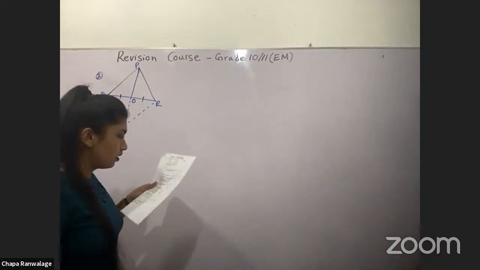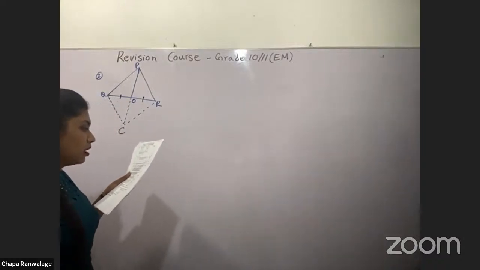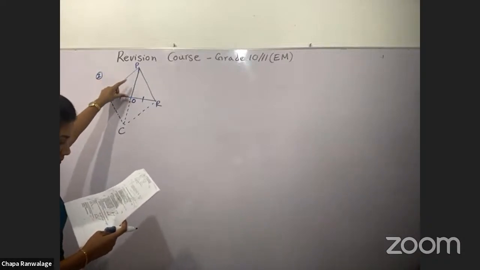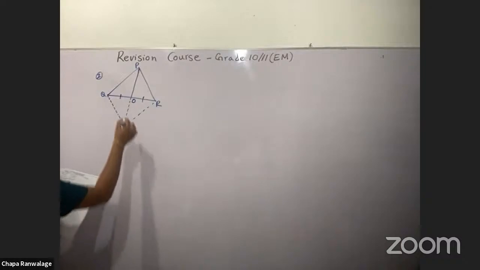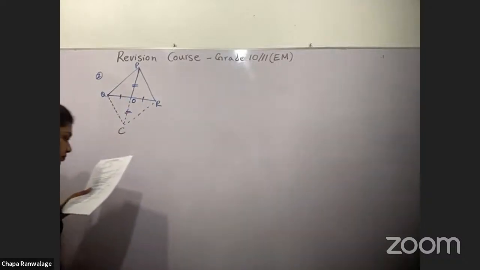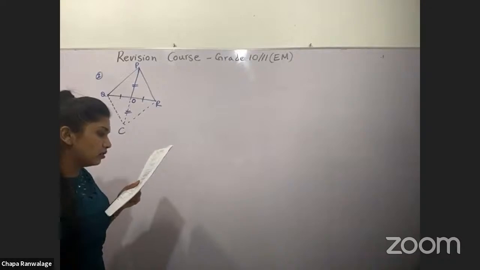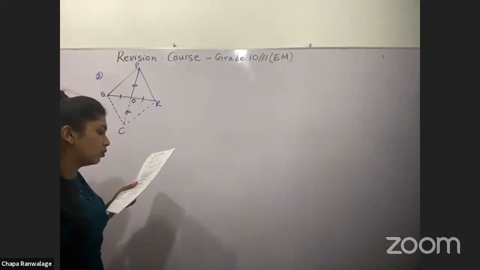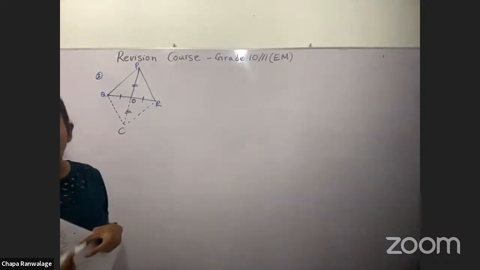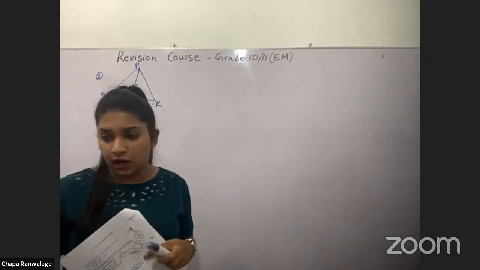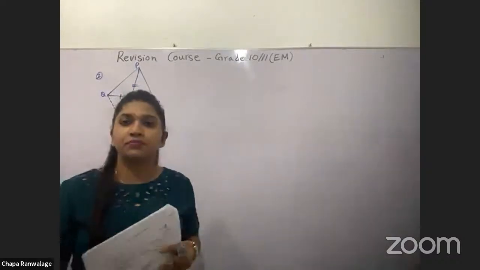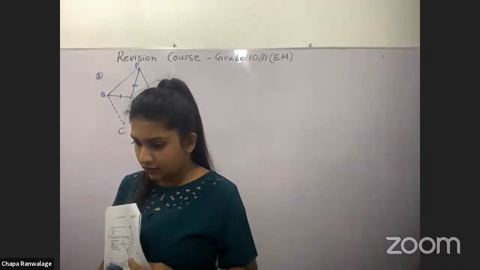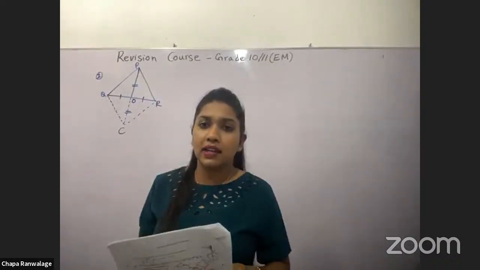And PO is produced such that PO equals OC. So these two lengths are also equal. Write down the theorem that you should use to prove that the quadrilateral PQCR is a parallelogram. Yes. The diagonals bisect each other.